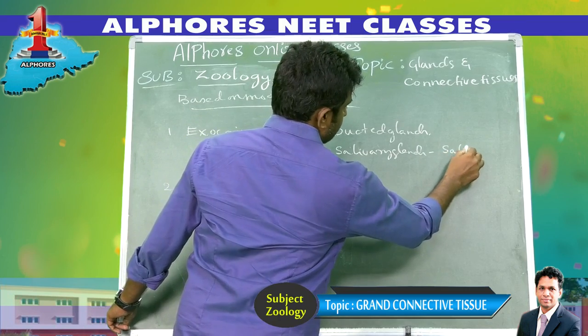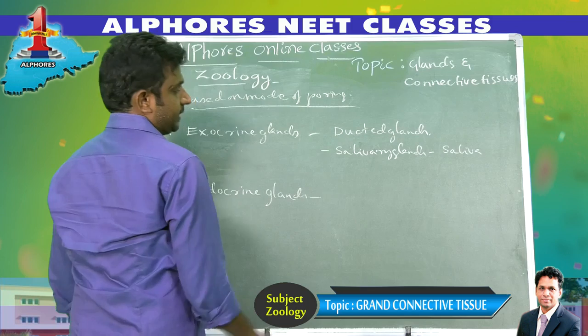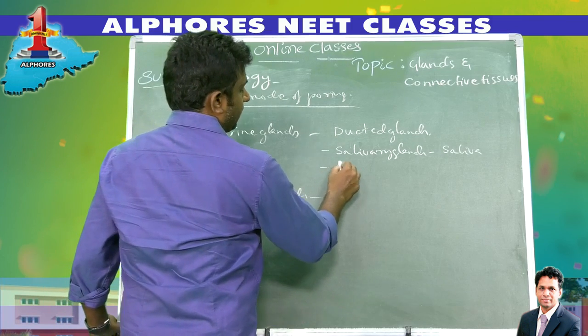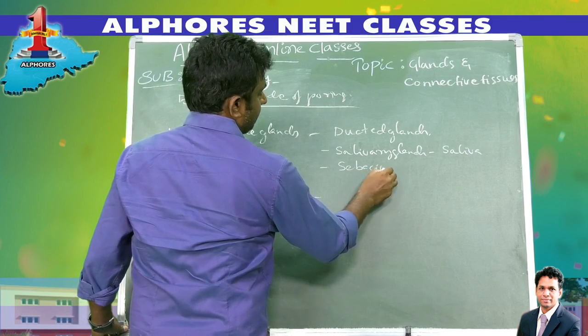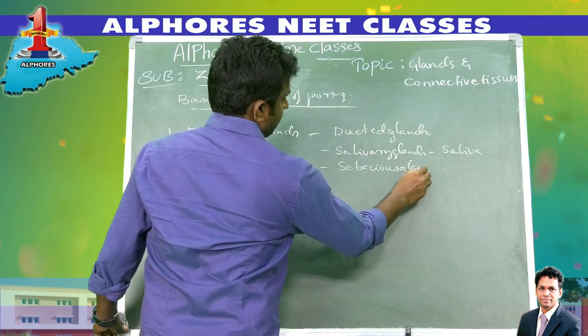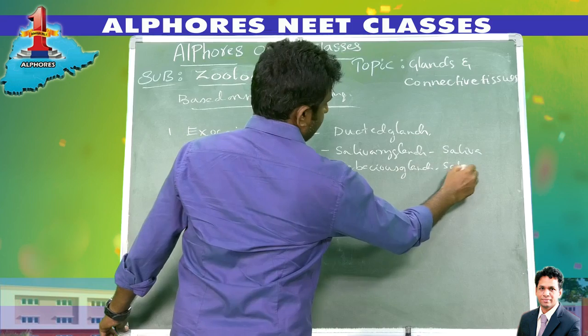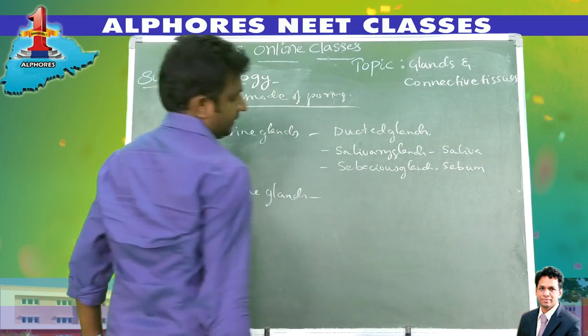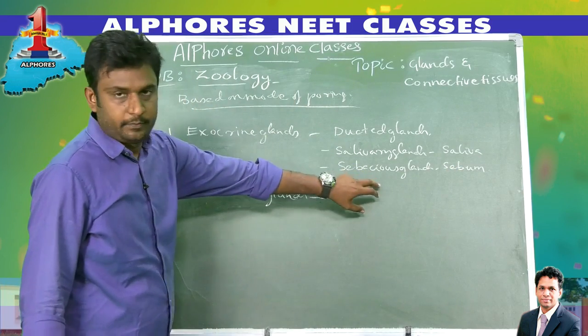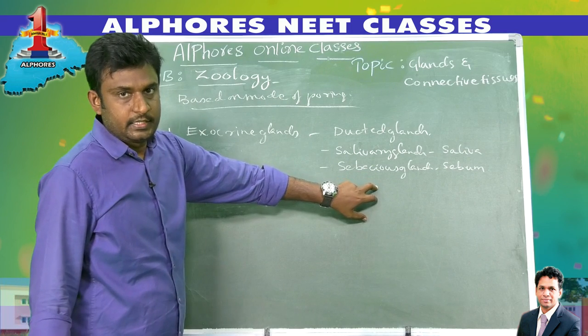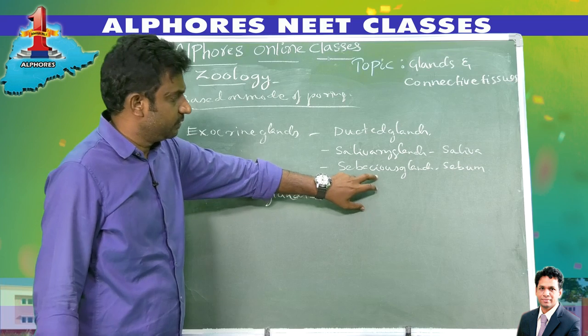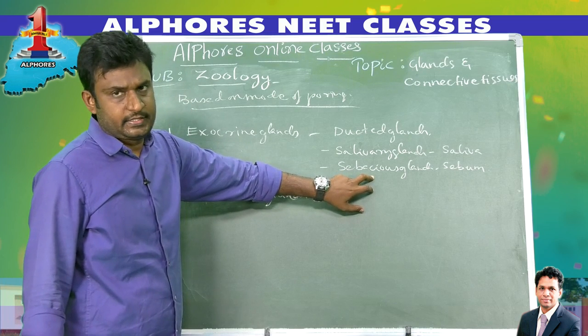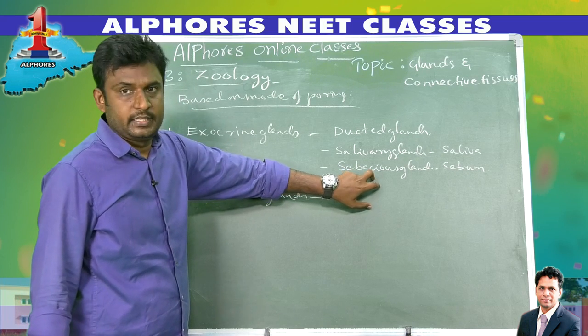that secrete saliva. Then sebaceous glands that secrete an oily secretion, which is called sebum. So oil is released onto the body surface from sebaceous glands. Sebaceous glands are present in the skin.